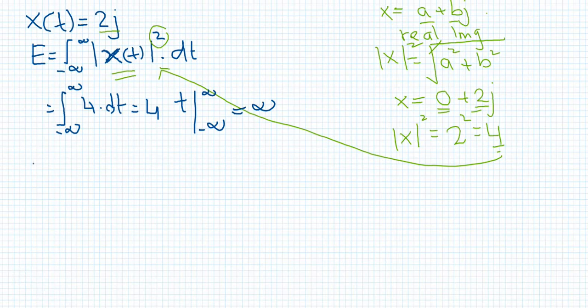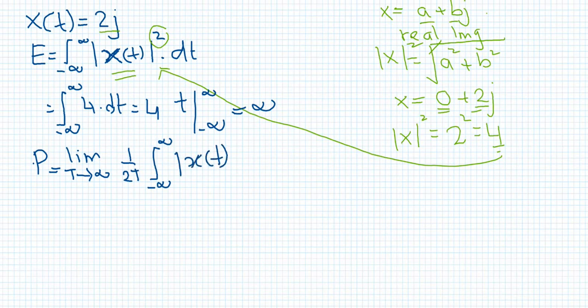So power was equal to the limit as T tends to infinity of 1 over 2T, integration of the magnitude square of x of t dt.